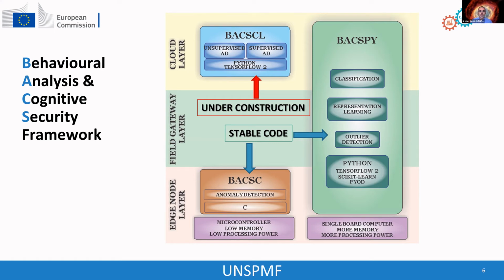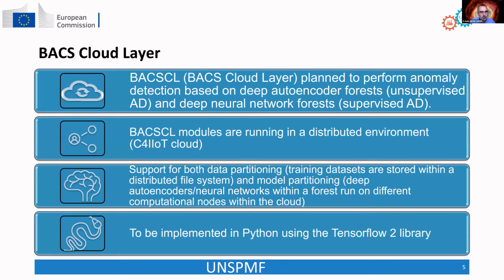So a Raspberry Pi can run Python code, and on the upper layers, a field gateway server of course can run it, and in the distributed cloud environment, you can run Python code also. So what's inside and what tools have been used to build it? I can go to the dedicated slide.